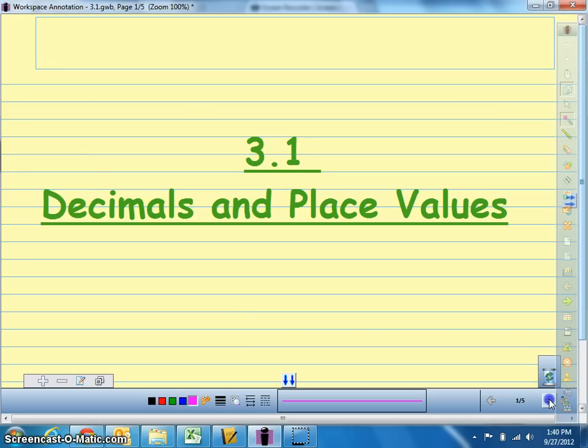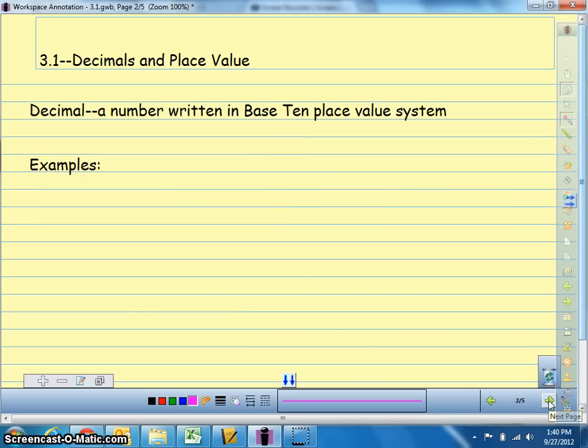So let's start by figuring out what is a decimal. A decimal is simply a number that's written using base 10 place value system. And all that means is every place value is a multiple of 10, depending on what you have to the right or left. But anytime we use a whole number, that's technically a decimal. If we had the number 4, it's the same thing as saying 4.0.